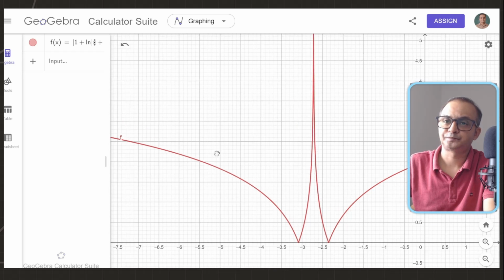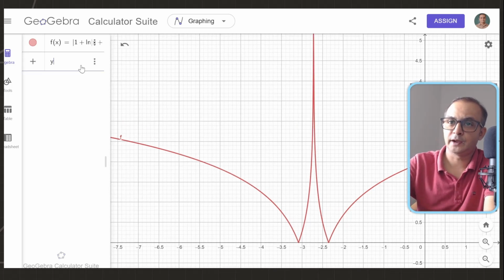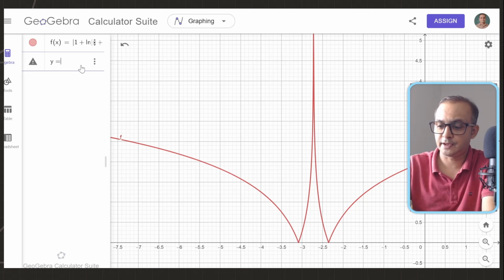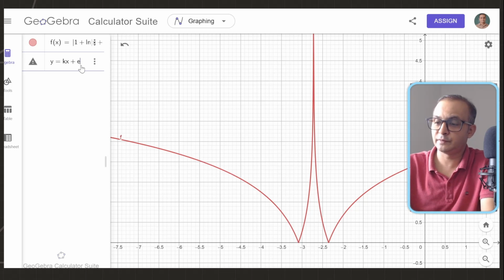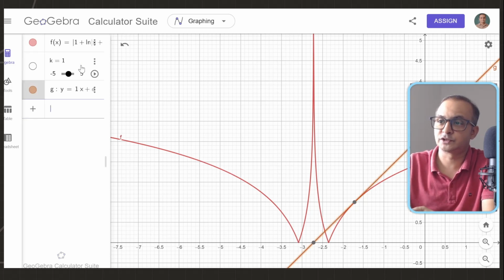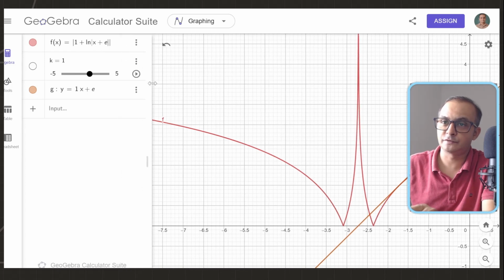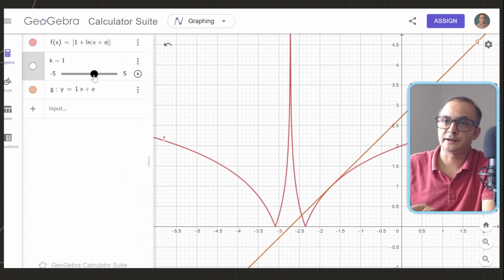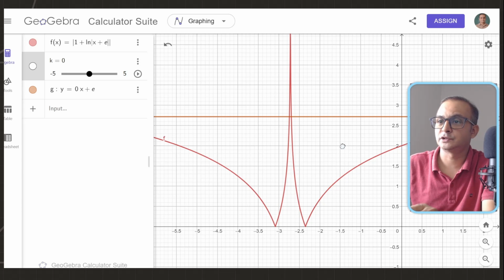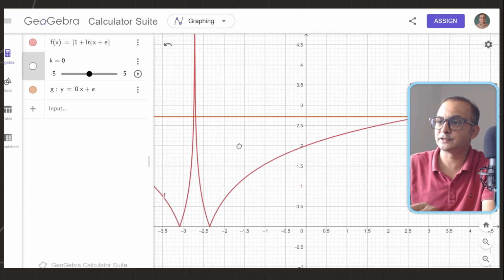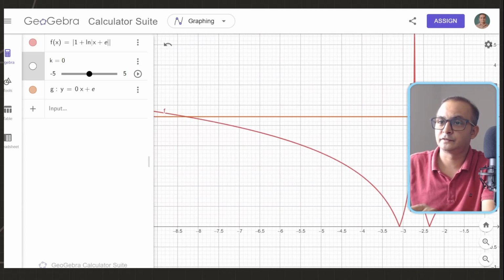All right, now I want to draw the line y is equal to kx plus e, and automatically k will become the parameter or the slider. And you can see that if I fix the value of the slider at 0, it's a horizontal line and it will be intersected by the curve in 4 points.